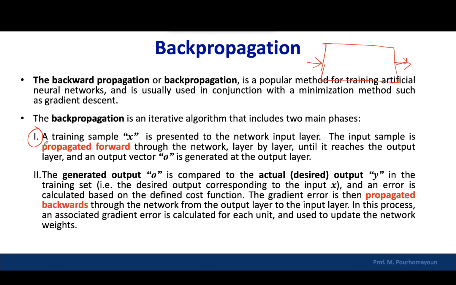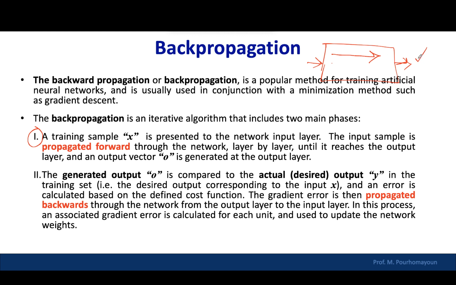So in the first phase, training data, X, is provided to the network, and we move forward in our network using those random weights to create an output. That's it. So this is the forward propagation part.